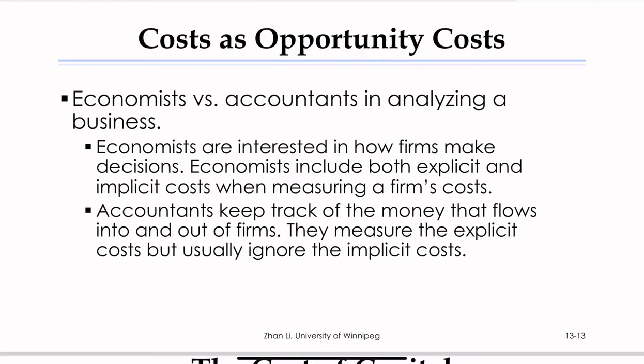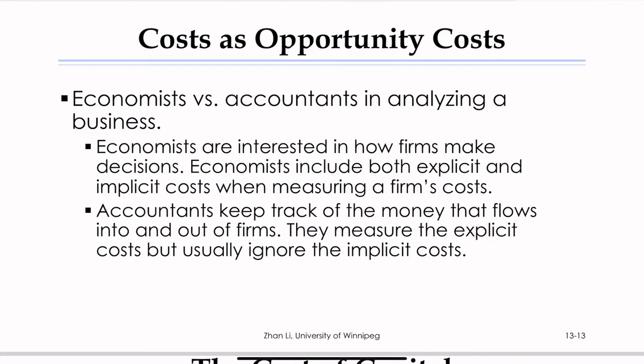And when firms are making decisions, firms will compare revenue versus both implicit opportunity cost and explicit opportunity cost. So economists would include both explicit and implicit costs.